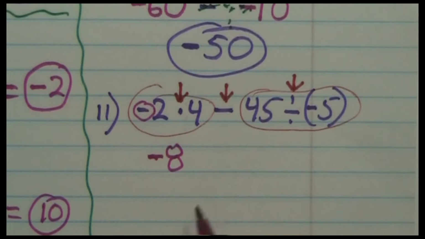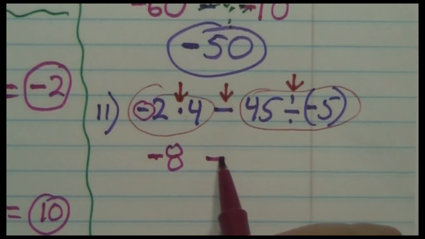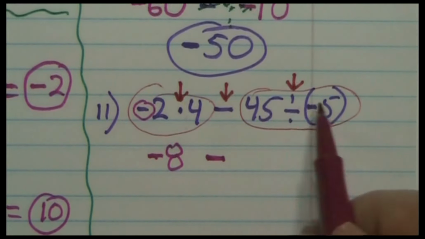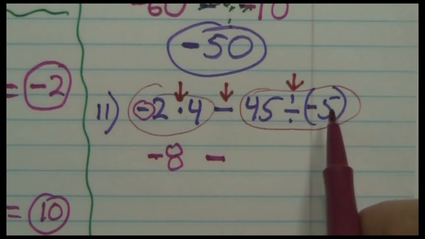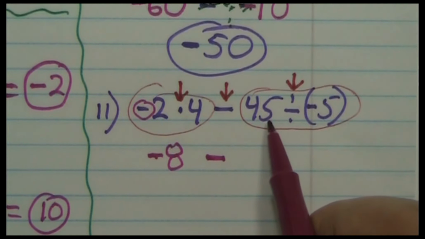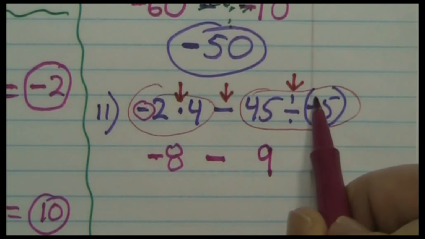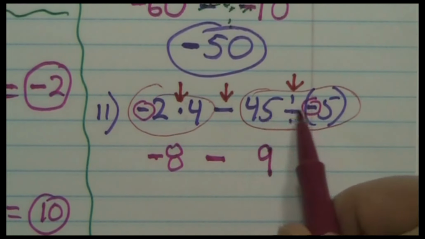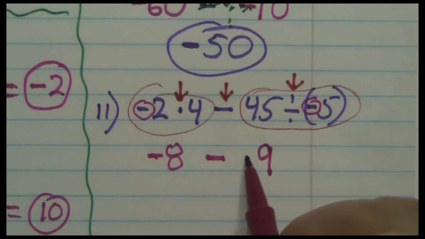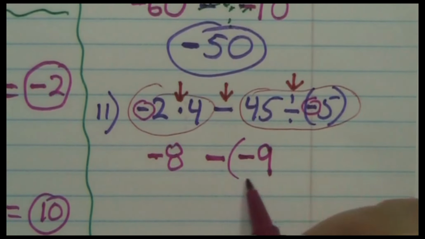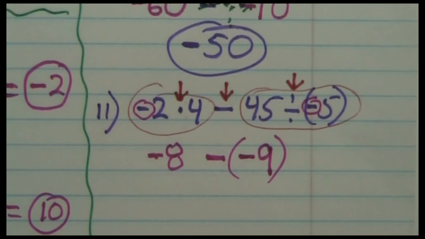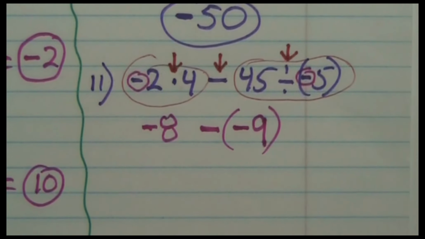There's one negative. I'm going to leave that there, minus, and then I'm going to take care of this. 5 goes into 45 how many times? 9. And there's one negative sign, right? I'm dividing these, and there's one negative sign. So that's negative 9.